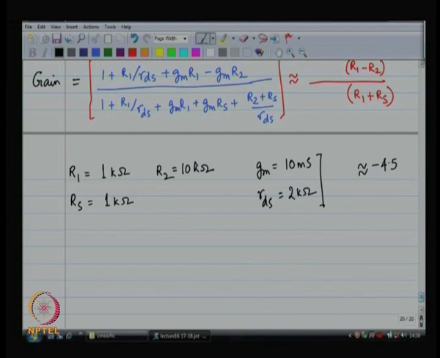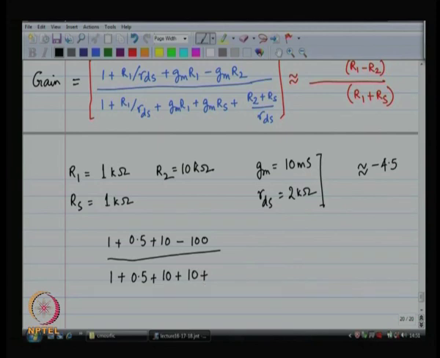Okay. But if I plug in the numbers of GM, RDS, etc., I get 1 plus R1 by RDS is about half, GM times R1 is 10, minus GM times R2, that is 100, divided by 1 plus R1 by RDS is 0.5 plus GM times R1 is 10 plus GM times RS is another 10 plus R2 plus RS.